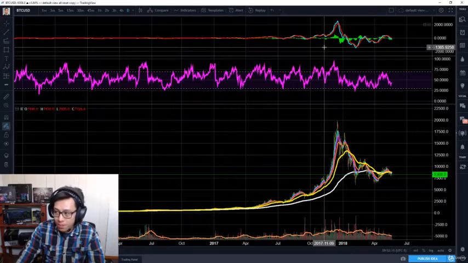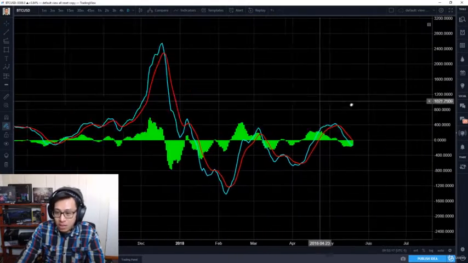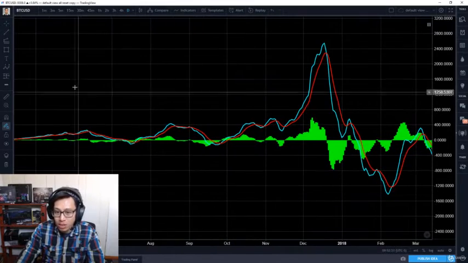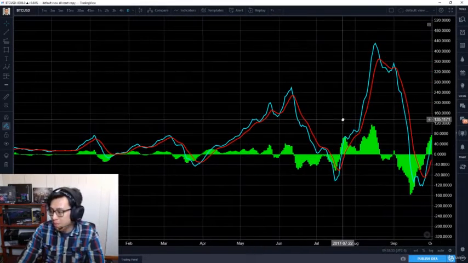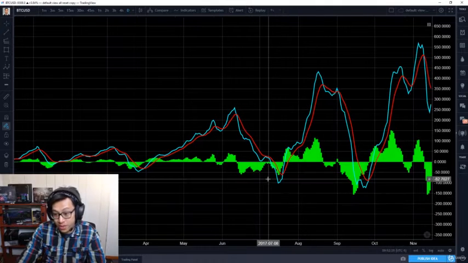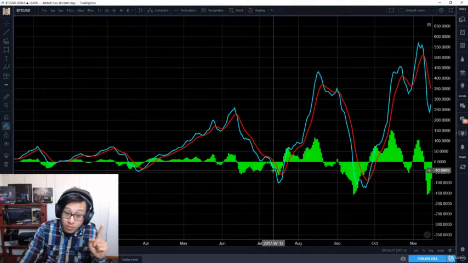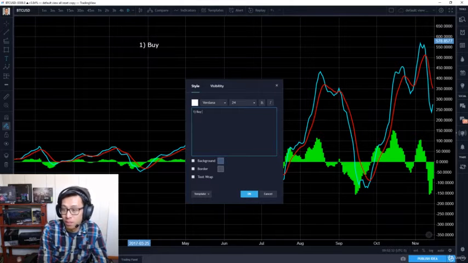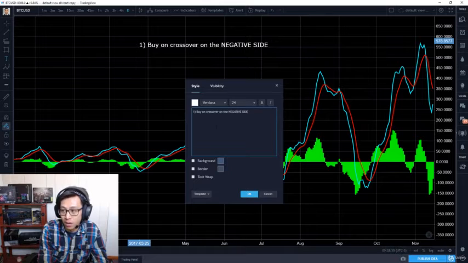Okay, the best way to look at MACD is like this. You buy it on a crossover from the negative side. Remember this rule: one, you buy on a crossover on the negative side to enter a long position.